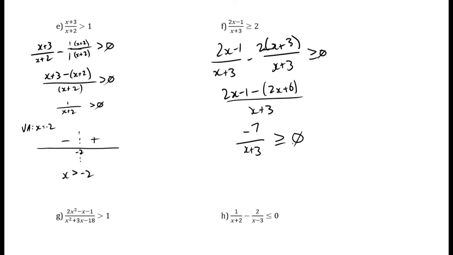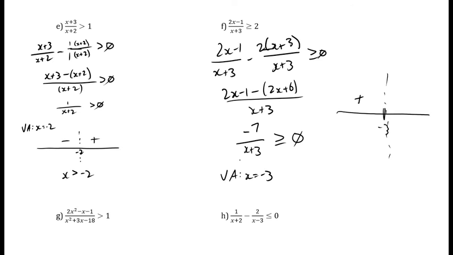So again, I just get one vertical asymptote at x equals negative 3. And if x is negative, like negative 10, then the bottom's negative and the top's negative, so it's positive.